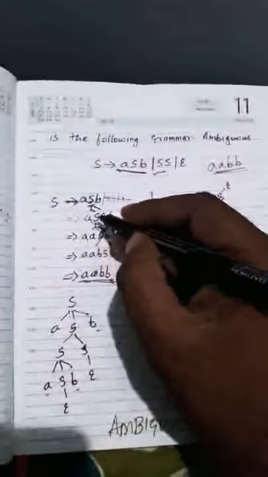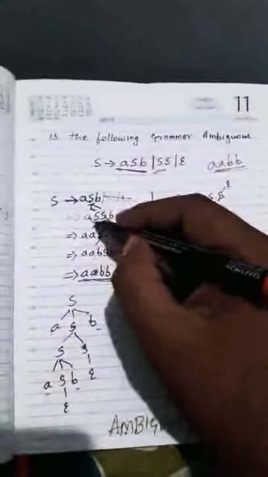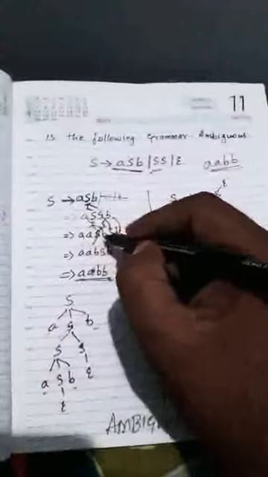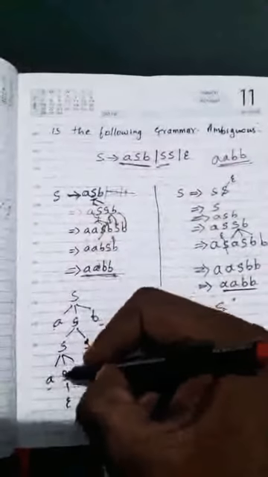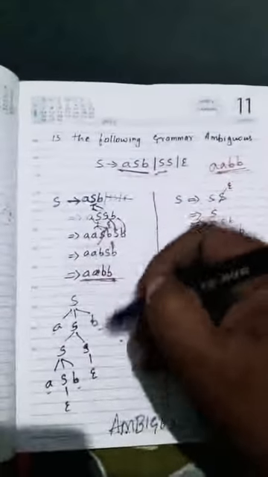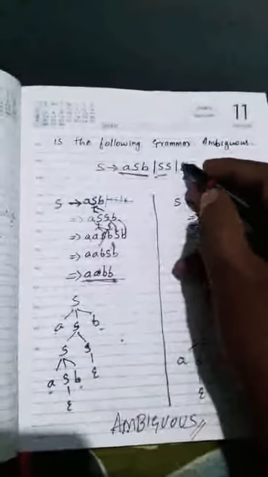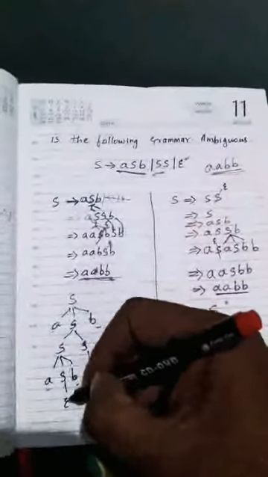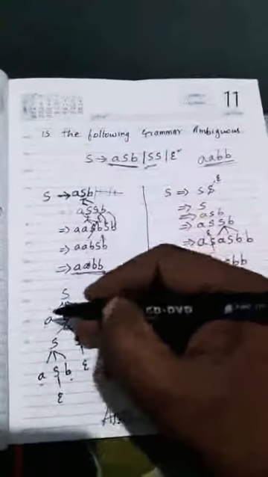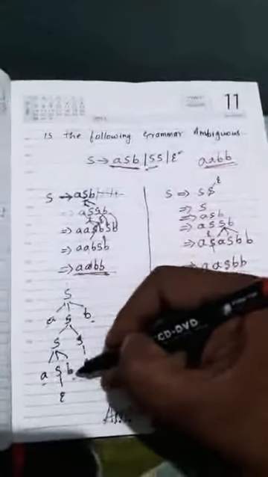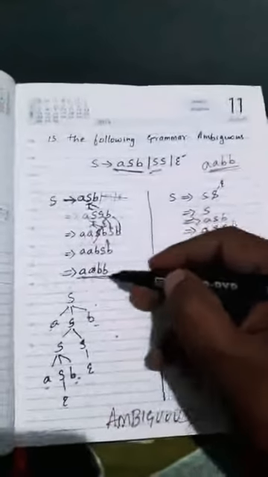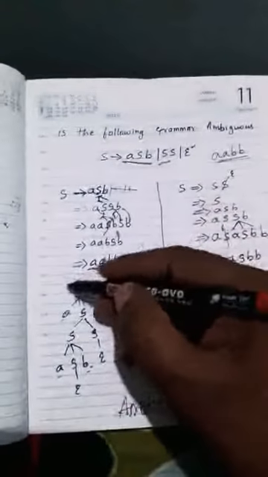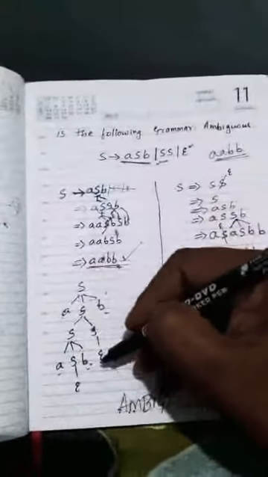After that, the first S was replaced with ASB, and the second S I replaced with epsilon, the last definition. Now look at the string in the leaf nodes: AABB is the string obtained. This is one type of derivation tree we have got here.